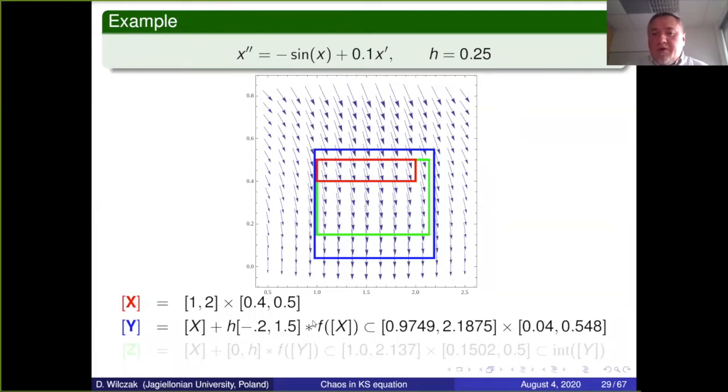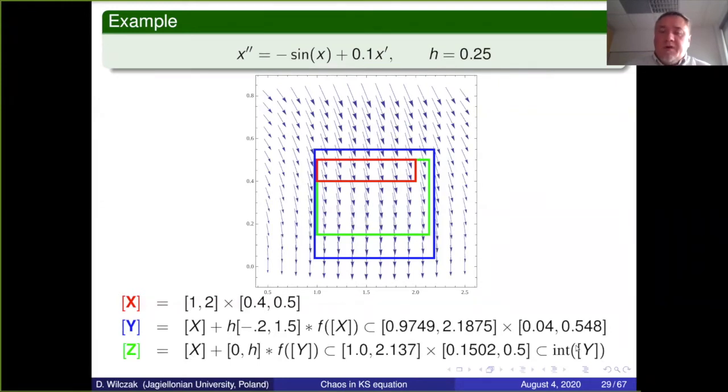We evaluate here vector field on the same set X, but here we a little bit enlarge our time step. Okay, it should be 0 to H, but it is minus 0.2 to 1.5. So it is a little bit larger. And this is our candidate for enclosure, and then we check inclusion. Okay, so we can compute this quantity, and it is contained in Y. So this is how it works for finite dimensional systems.